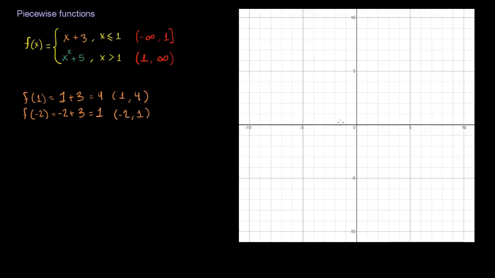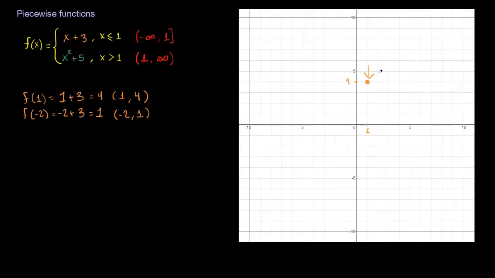Let's sketch this. The first point is from the 1 until the 4, placed here. And as the 1 is included in this interval, I'm going to draw a full, big circle here, meaning this point is included.